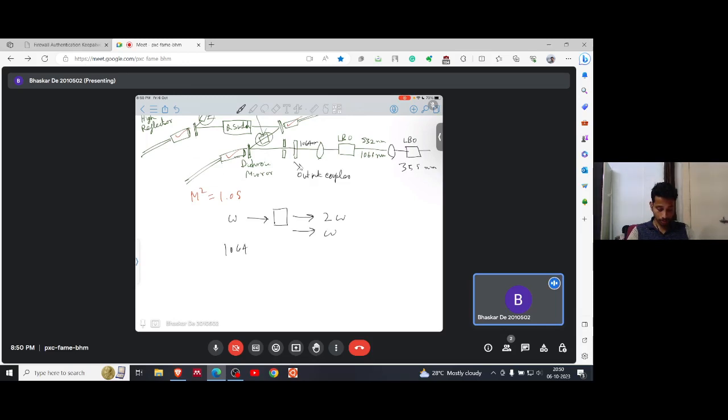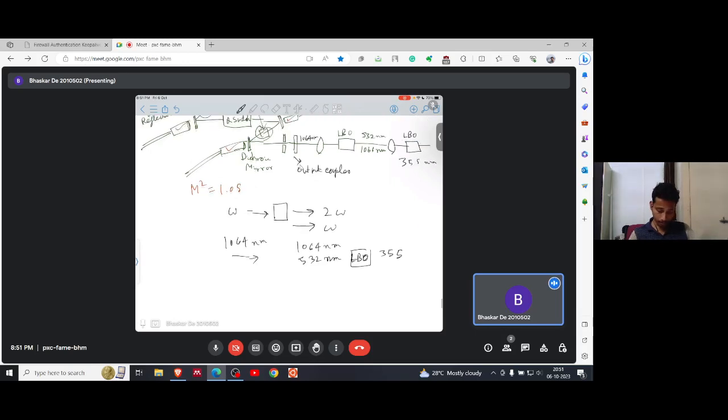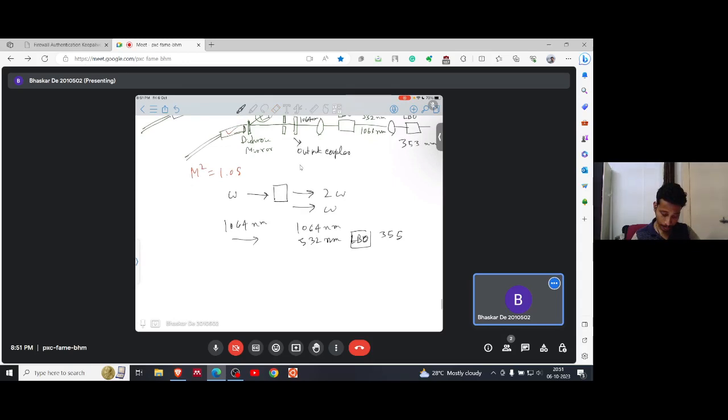When you use 1064 nanometer here, we'll have 1064 nanometer and 532 nanometer, but here we are using this 532 again in the LBO, so we have 355. Sorry, this is not 355.